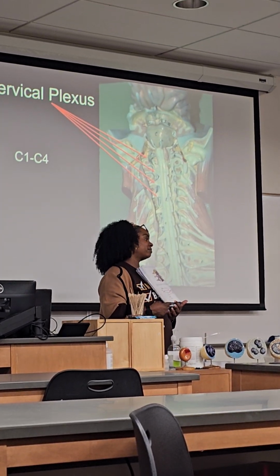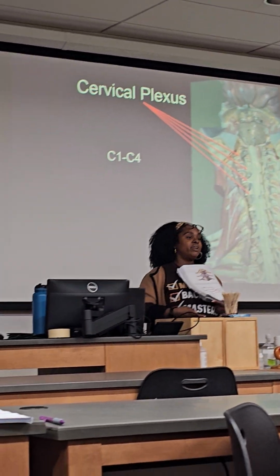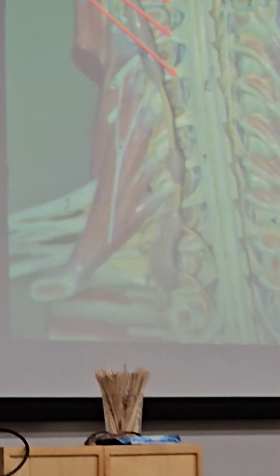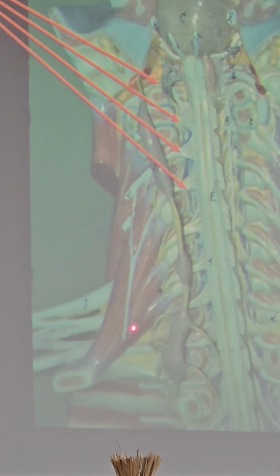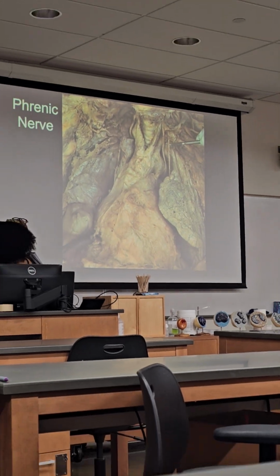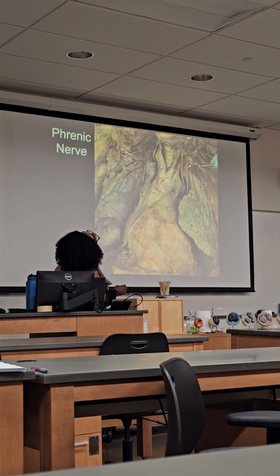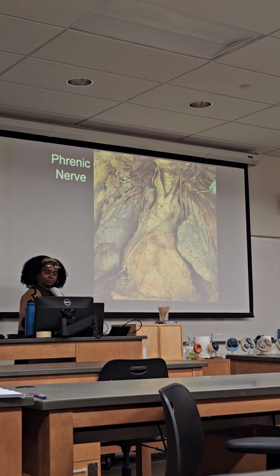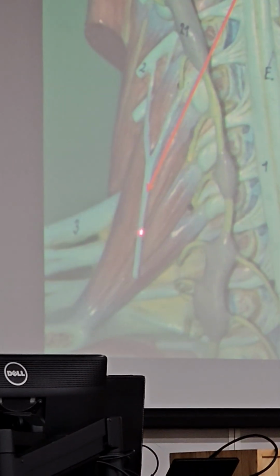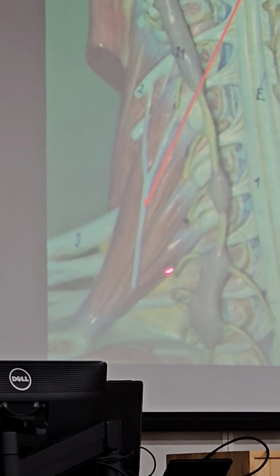Phrenic nerve. But phrenic nerve is also here on the flat green guy laying on top of the scalene. That is the phrenic nerve. There's a phrenic nerve in the body. Then again on that bottle, that is the phrenic nerve. I'll pull that out in a bit.